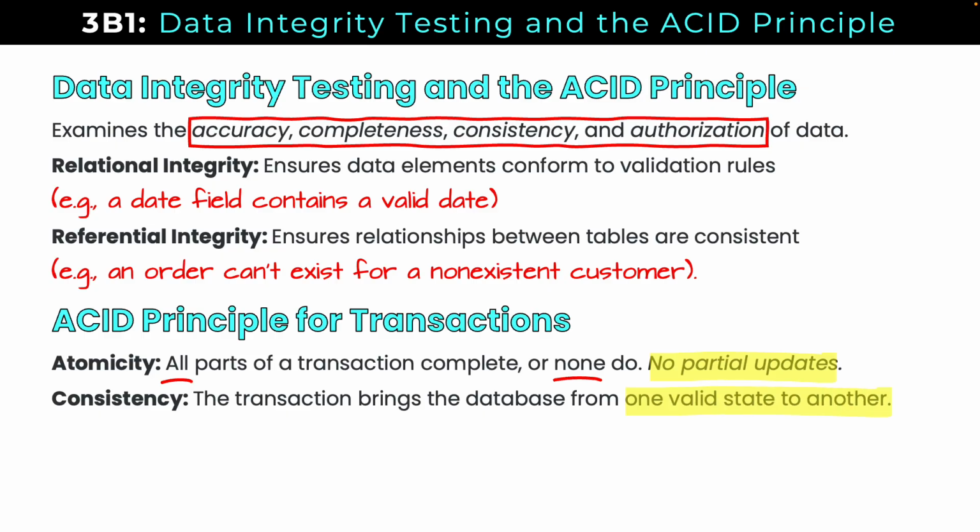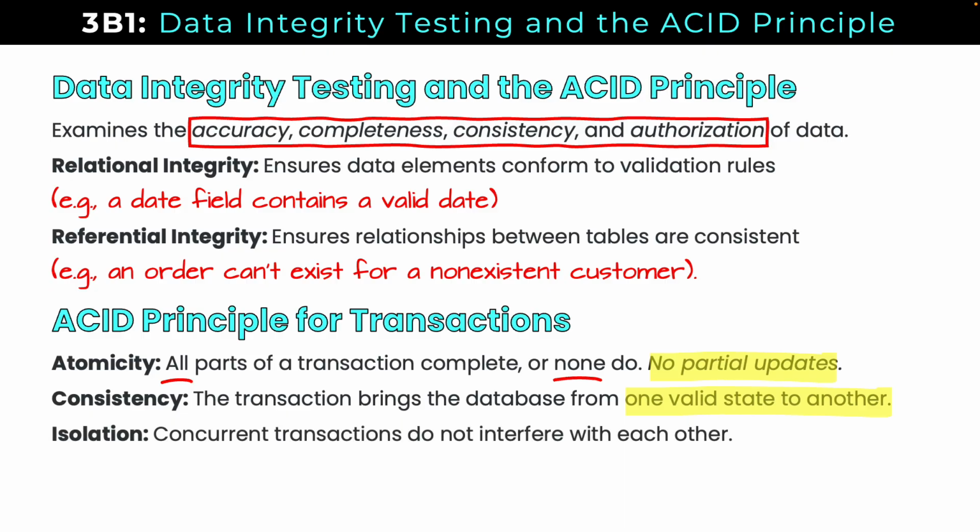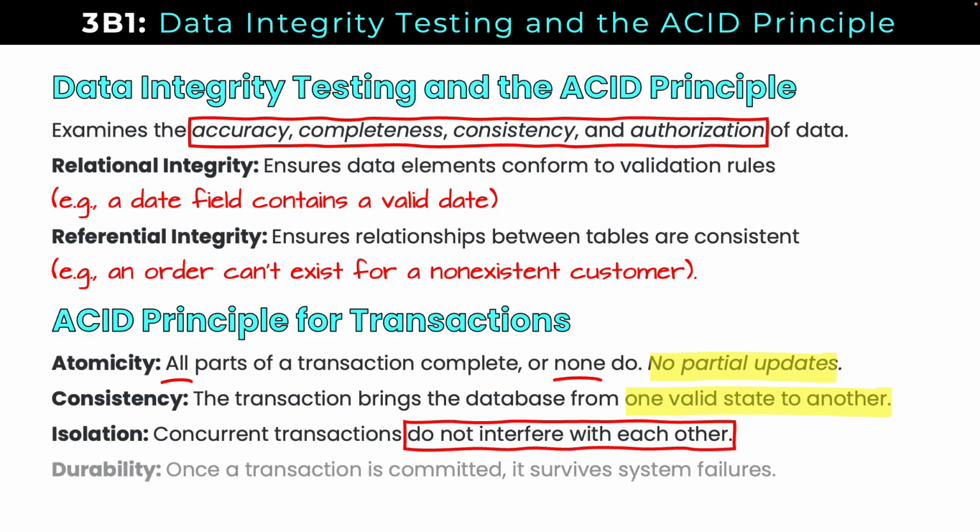So consistency speaks to the state of the database before and after a transaction. Isolation, concurrent transactions do not interfere with each other. And durability, once a transaction is committed, it survives system failures. You definitely want to be familiar with the ACID principle for game day.